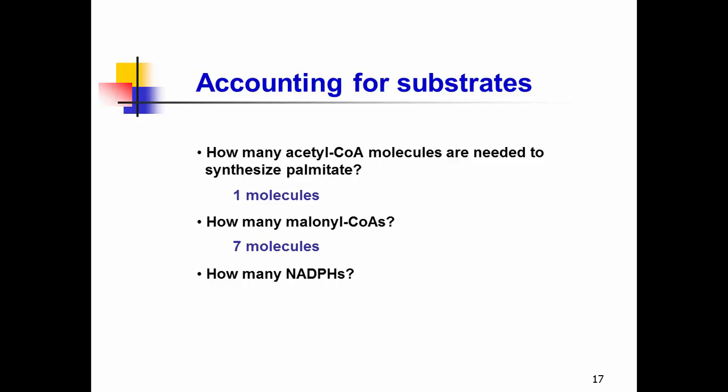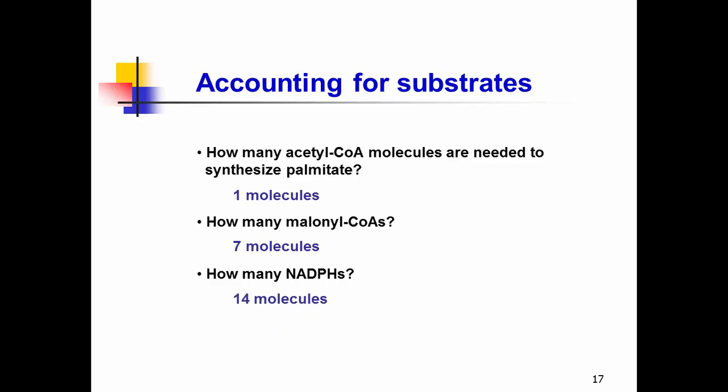And how many NADPH? Each cycle requires 2 NADPH. And how many cycles? You already told us, right? The 7, yes.